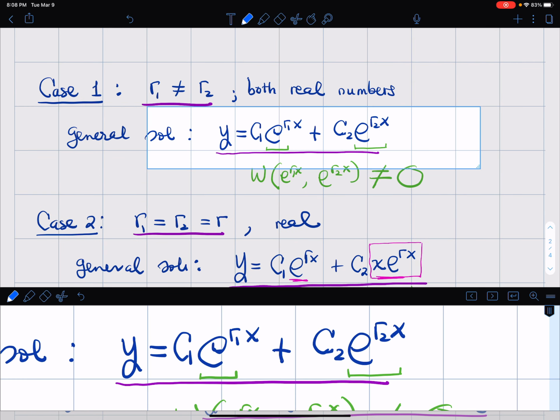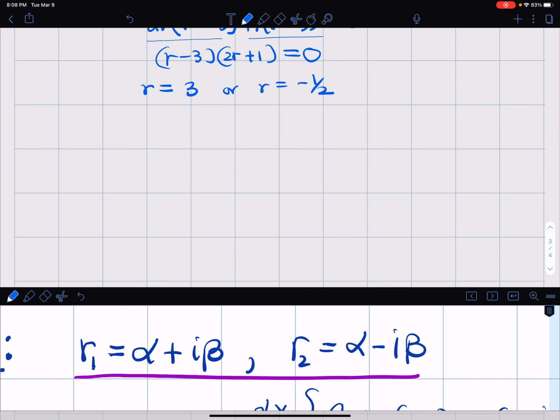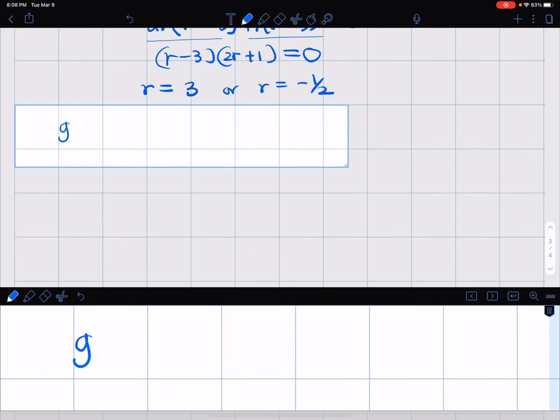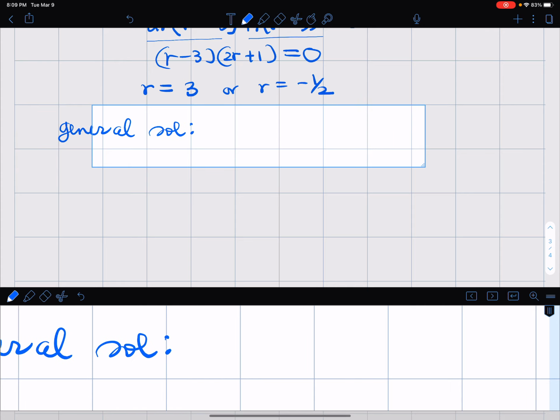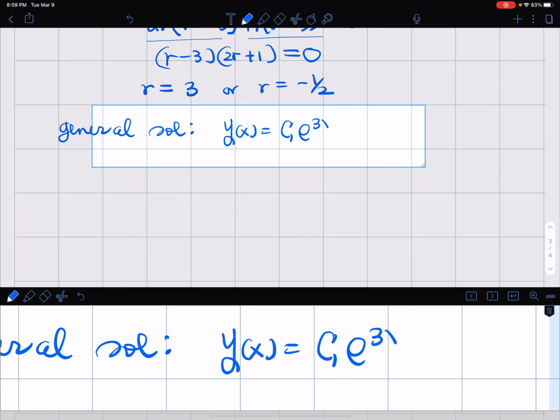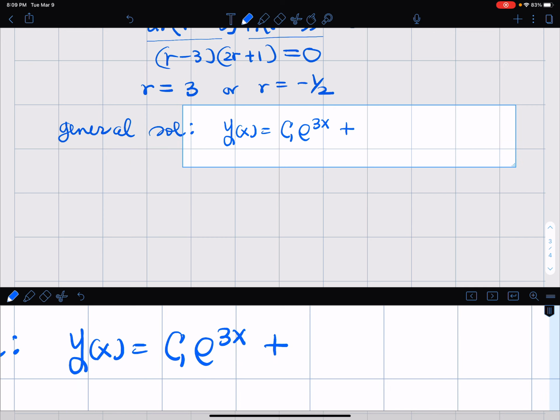So our general solution becomes y of x is equal to c1 e to the 3x plus c2 e to the -1/2 x. All right, that's our solution.